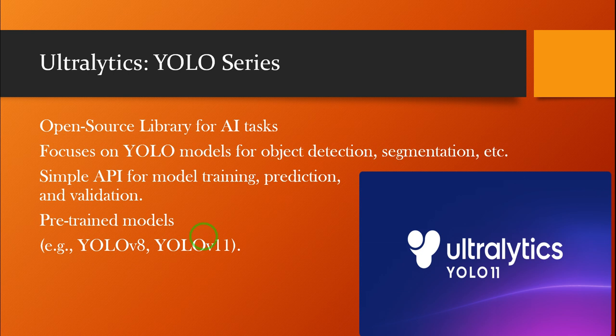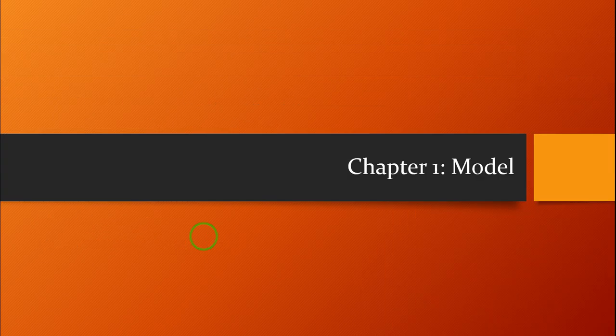It is widely used in many computer vision tasks, including detection, segmentation, and classification. YOLO is popularly known for its simple API and is used for model training, prediction, and validation. So let's start with our first chapter, the model.